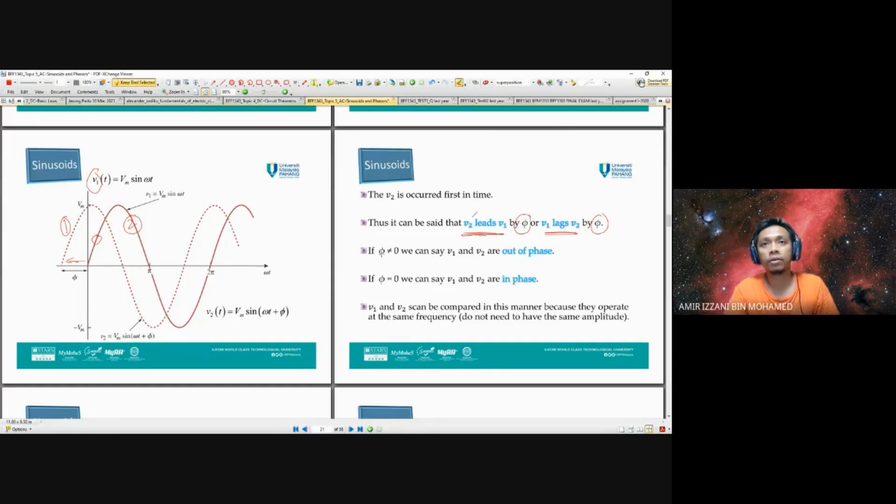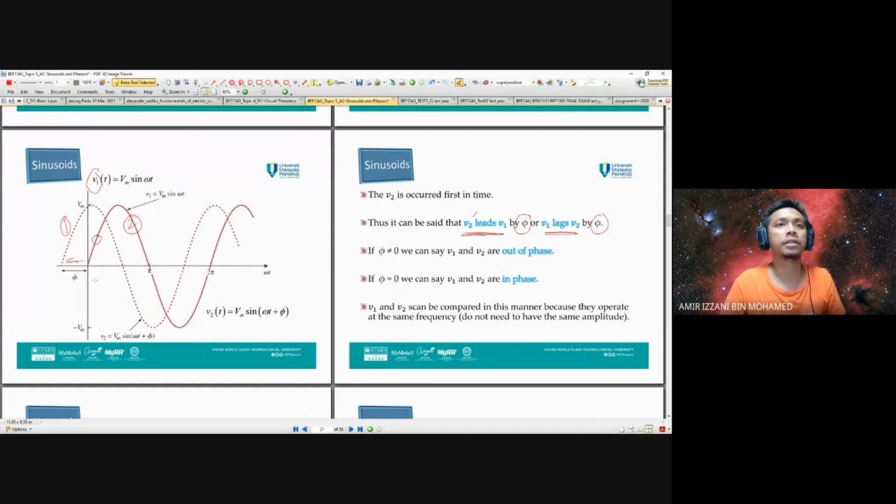If phi doesn't equal 0, we can say V1 and V2 are out of phase. This is the term we use when there is a phase shift between two sinusoids. Like this one here is clearly out of phase, V1 and V2.